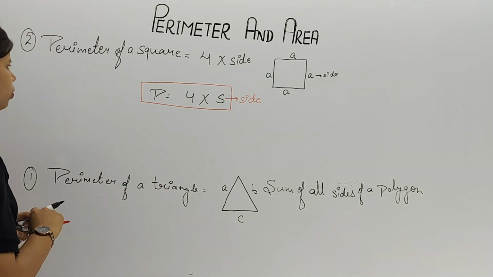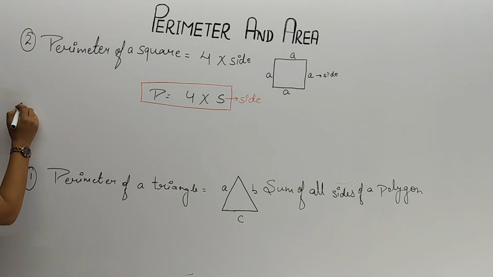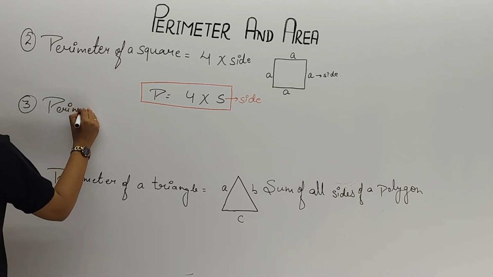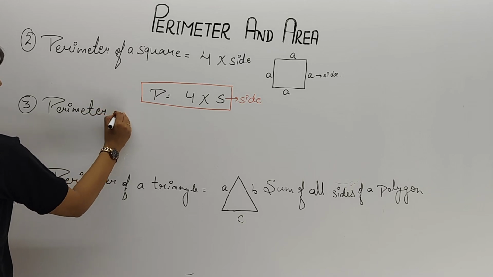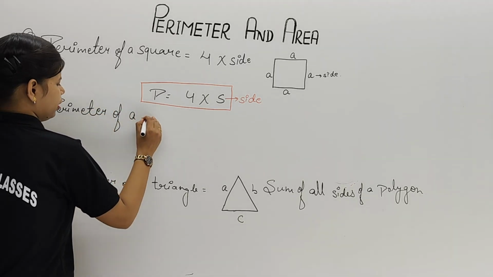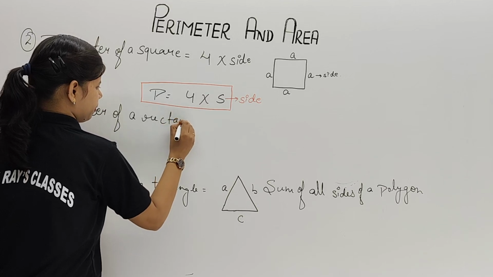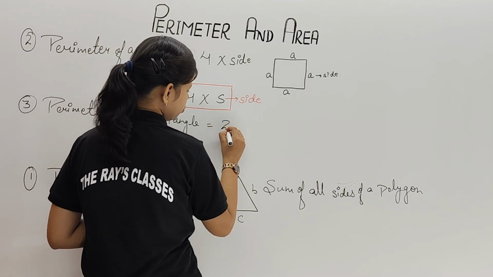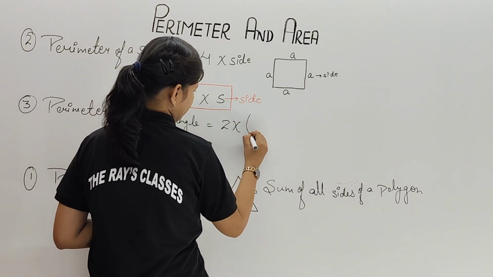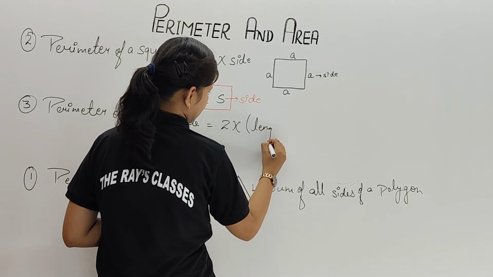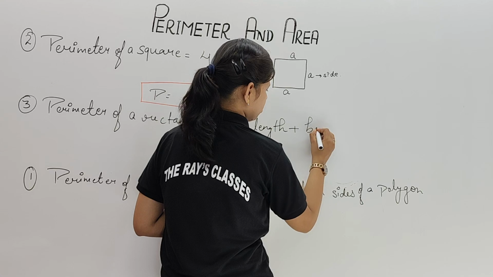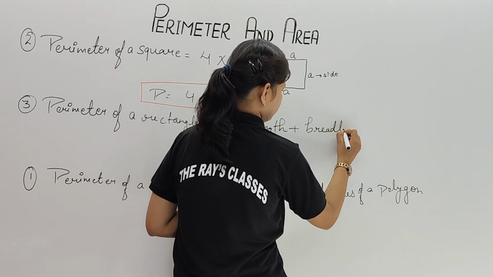Now the third one, which we are going to discuss, is your third figure. Perimeter of a rectangle equals 2 multiplied by bracket length plus breadth.